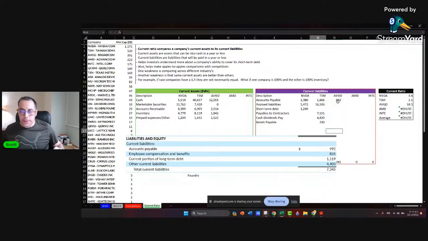Employee compensation and benefits. That's an accrued liability. If we searched accrued liabilities for these companies, a lot of it is probably employee compensation and benefits, because that's a really common accrued liability. It's just a timing thing. So if you pay out, say, 100 million in bonuses, like a company like Nvidia has a lot of employees, the CEO gets 10 million bonus, so that's like 10% of the bonus pool.